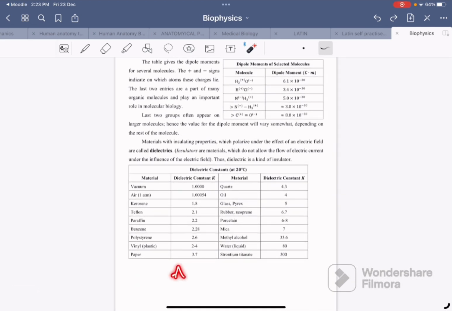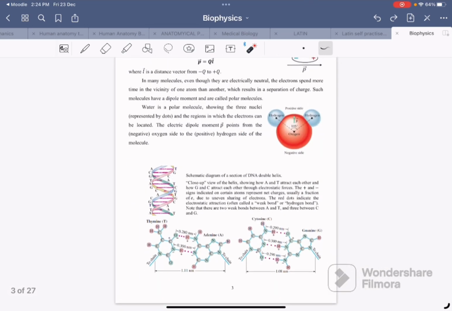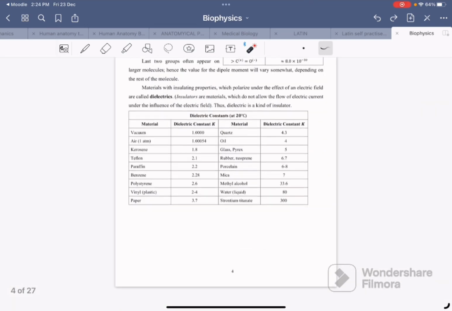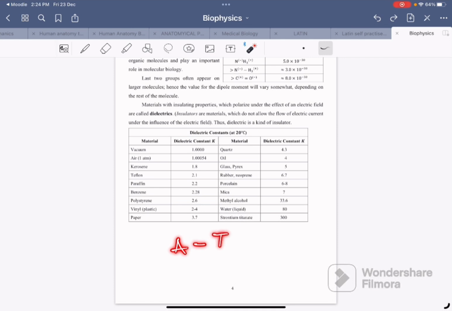And we can say that adenine and thymine has a lesser bond attraction as compared to guanine and cytosine.